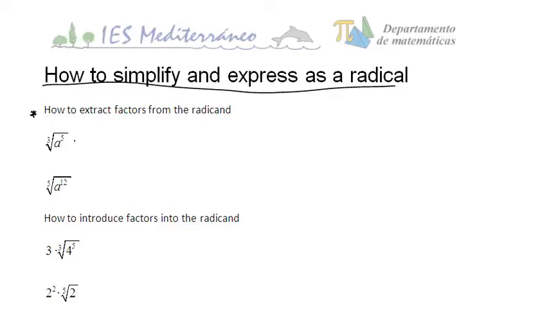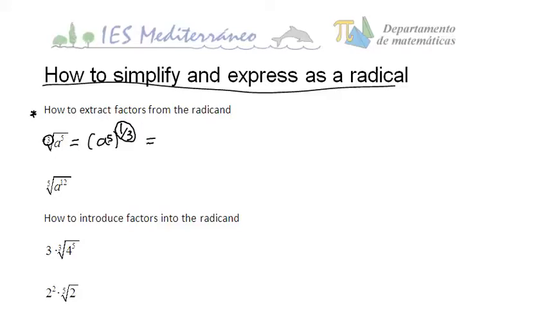Remember that when we've got a radical, it is just a power with a rational exponent. In this case it is the cube root, so the exponent is 1/3.